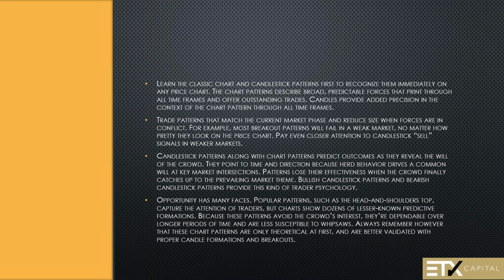The chart patterns describe broad predictable forces that print through all time frames. Trade patterns that match the current market phase and reduce size when forces are in conflict. So ultimately, it's about looking at price action and letting the candlesticks tell you what is happening with price.